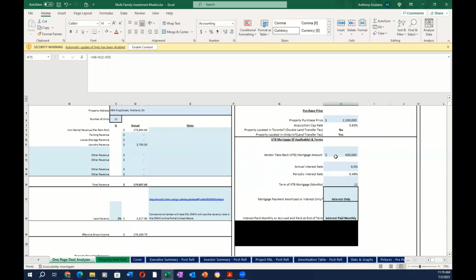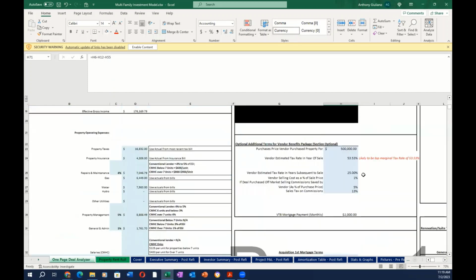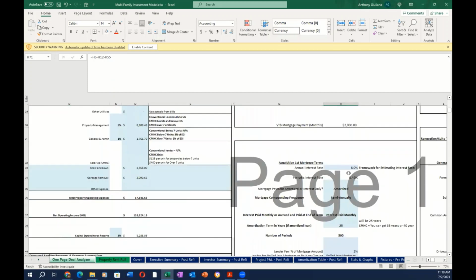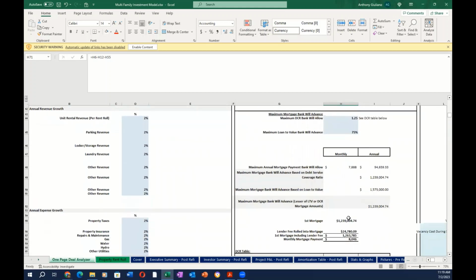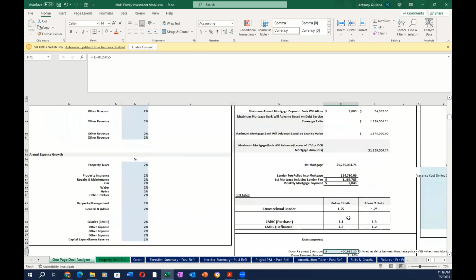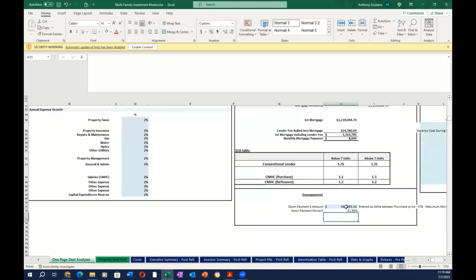I'm hoping to get a $400,000 vendor take back mortgage and a $1.239 million first mortgage on the property, at which point I'll need to put in $460,995 in down payment, which translates to about a 21.95% down payment on the property.